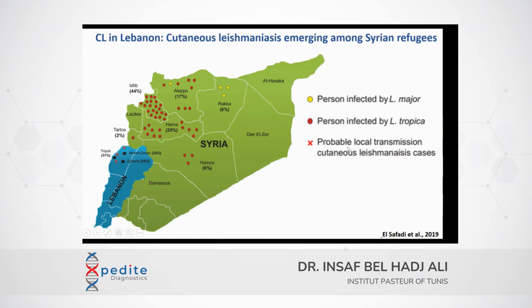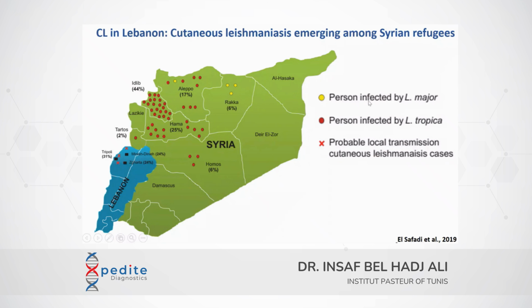For example, in Lebanon, we noticed a sudden increase of reported CL cases following the Syrian refugee crisis. Among refugees, we identified infections due to Leishmania major and Leishmania tropica, but evidence suggests that local transmission has also occurred.